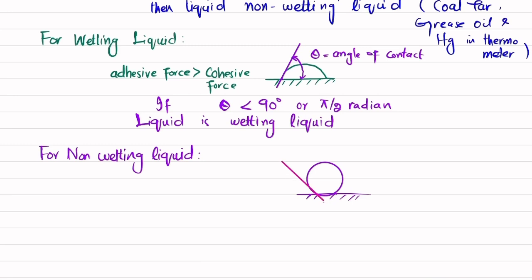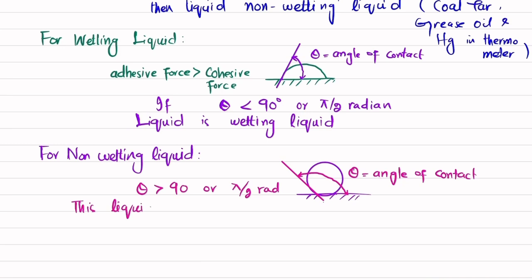The contact angle is the angle between this tangent line and the horizontal surface, this theta. You can see this theta is greater than 90 degrees or pi by 2 radian. Clear? So we can say that this liquid is a non-wetting liquid. It will not stick to the wall of this interface. Clear?